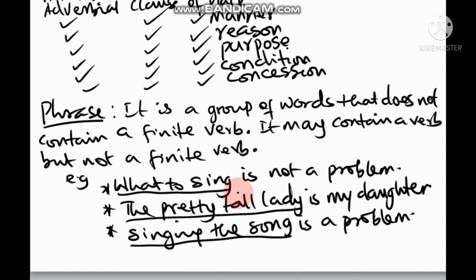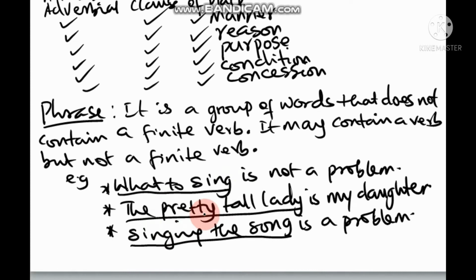The pretty tall lady is my daughter. If you look at the pretty tall lady, it doesn't contain any verb at all. Therefore, it is a phrase. But let's see the third example.